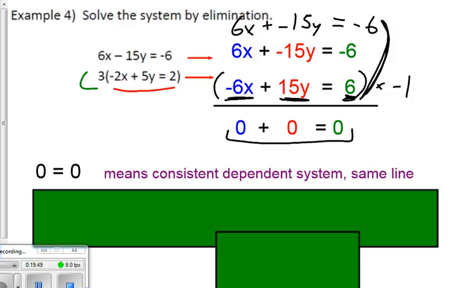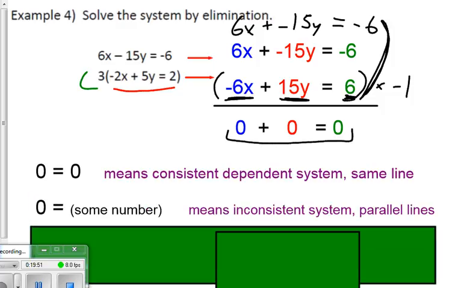If we were to solve this out and you got 0 equals some number, so if we got these two to be 0 and this thing came out to some number like 7, or maybe it came out to 13. So 0 equals 13. In a case like that, that means you have an inconsistent system. That one's going to show parallel lines.